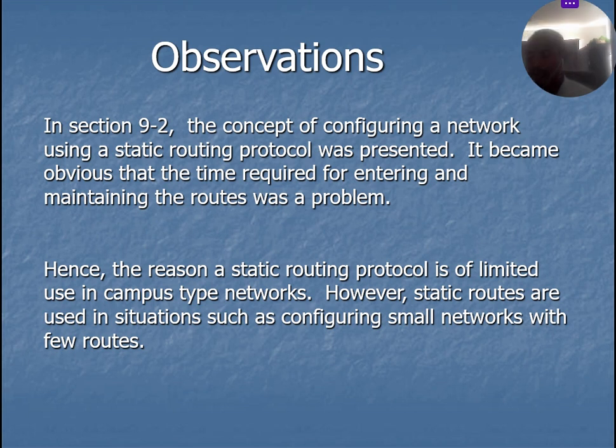Now let's take a look at this. In section 2, chapter 9, part 2, we studied the static routing protocol. We said the static routing protocol is a type of routing protocol where the network administrator has to manually configure the next route, the next hop, into the system.